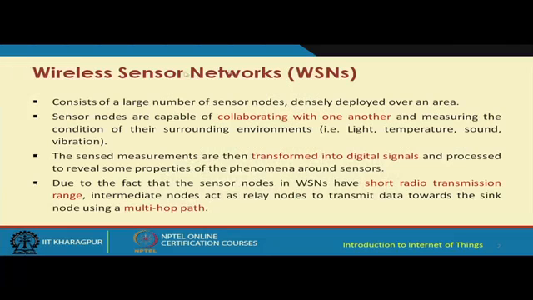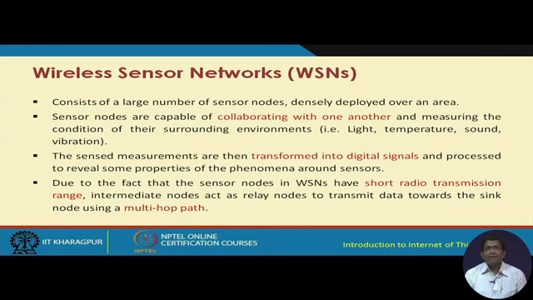So, the sensor nodes are capable of collaborating with one another and measuring the condition of the physical phenomena that are occurring around them with respect to what they are supposed to sense, for example, the lighting condition, temperature, sound, vibration, etc. The sensed measurements are then transformed into digital signals and processed to reveal some properties of the phenomena that are occurring around them.